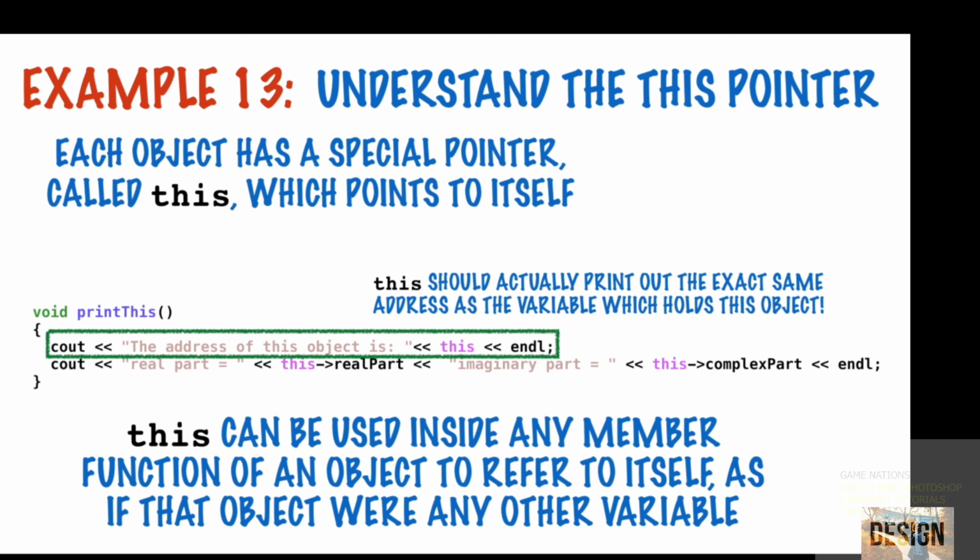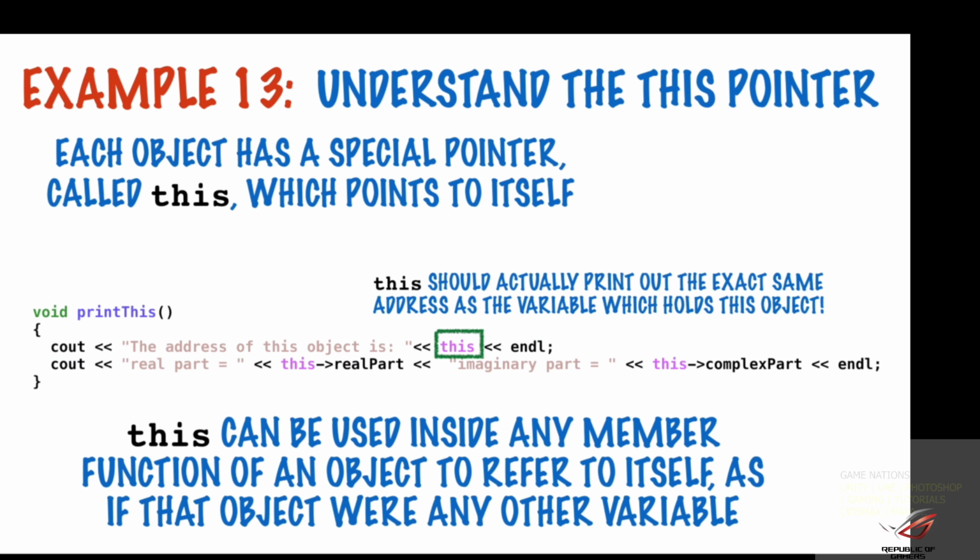That means if you have an external variable that refers to this object, the address that that pointer variable holds is the same address as in the this pointer. The keyword this refers to the current object, which means if the current object is say C1, one complex number object, then this refers to C1. If the current object is C2, then this refers to C2.